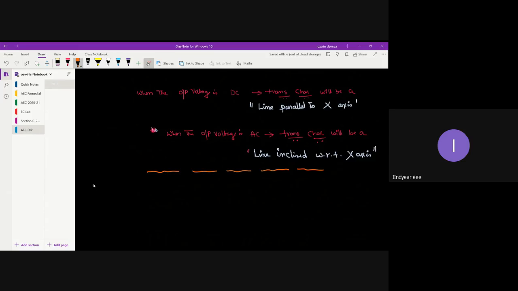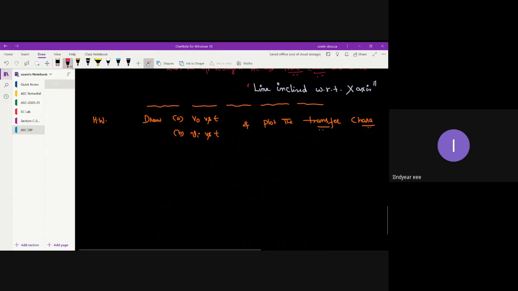I'll give you a homework. Draw V naught versus time, Vi versus time, and plot the transfer characteristics. And the circuit is this.